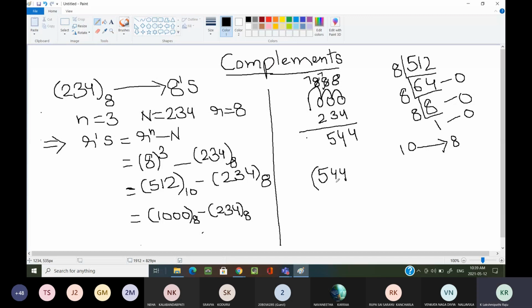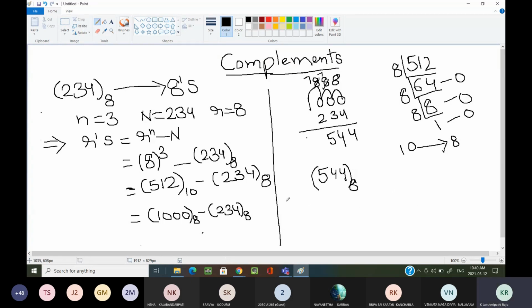Hope everyone understood what we are doing. This is the r's complement of the given octal number, or the 8's complement of the given number.